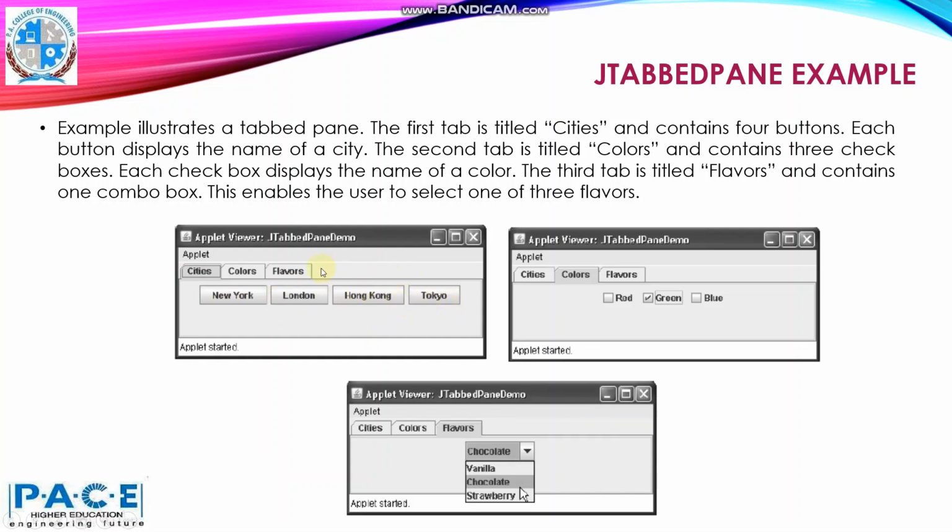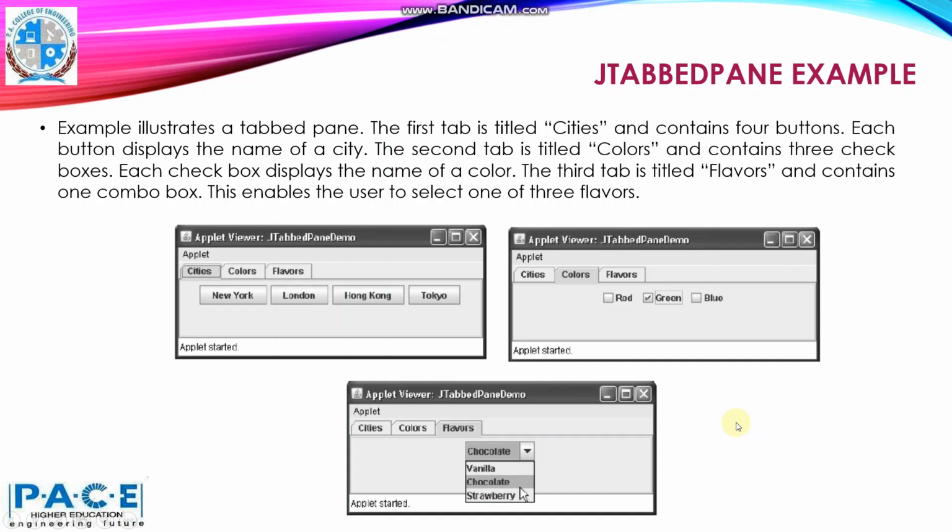The second tab is titled Colors and it contains 3 checkboxes with different names of colors: red, green and blue. And the third tab is Flowers, which contains a combo box which provides a list of flavors: vanilla, chocolate, strawberry. So one of them can be selected.